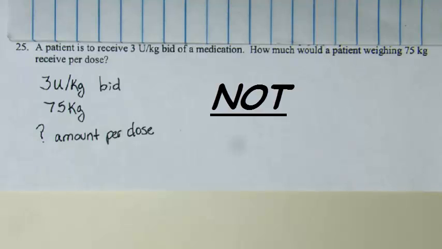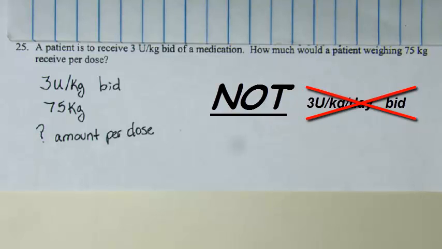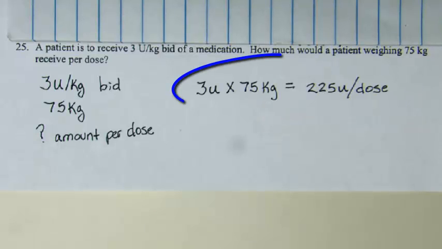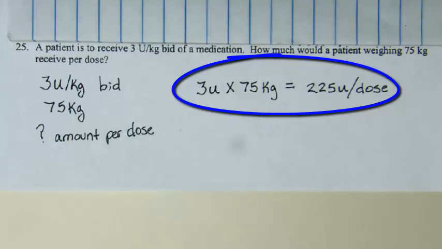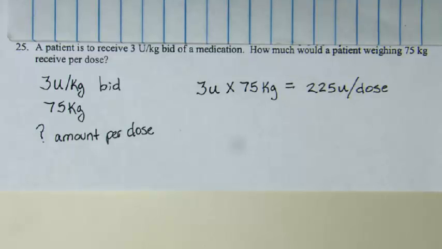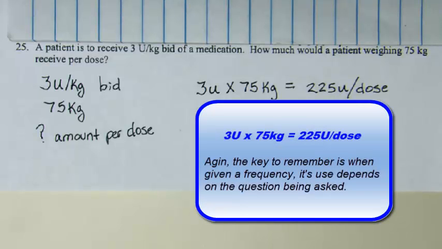So don't confuse this with a question that would need to be divided by the number 2 in order to get the correct amount. The completion of this problem is a simple calculation of dose where 3 units are multiplied by the 75 kilogram weight of the patient, equaling 225 units per dose.